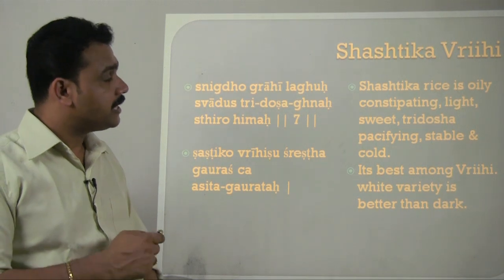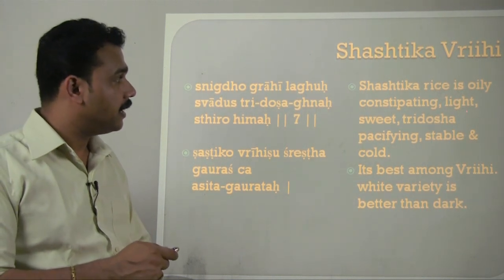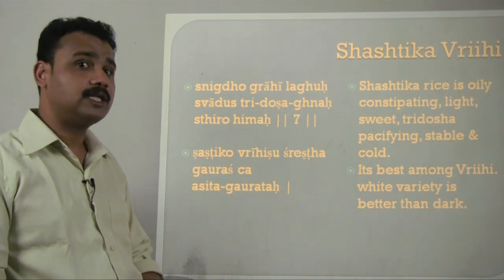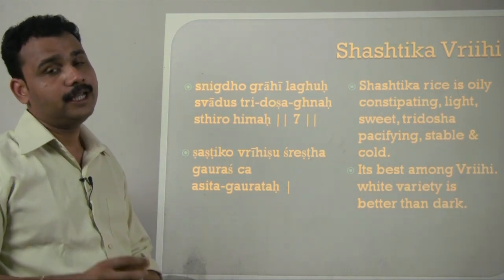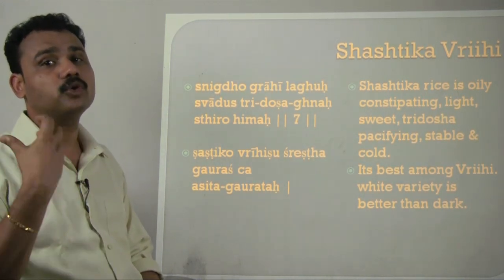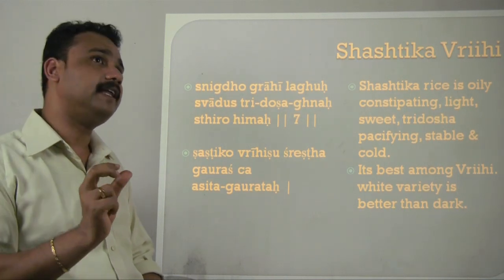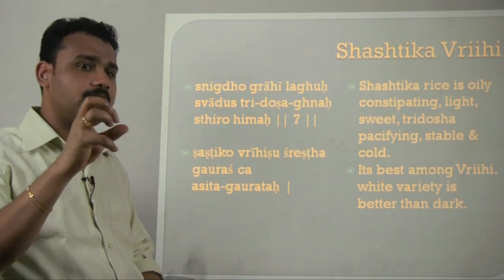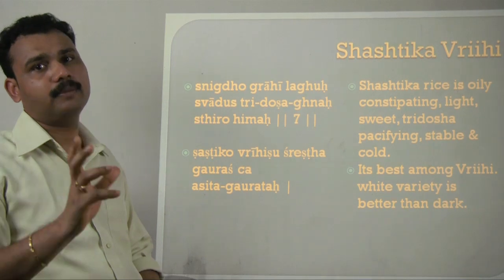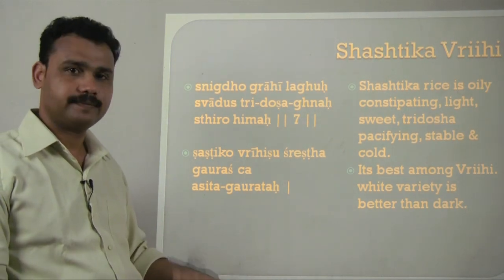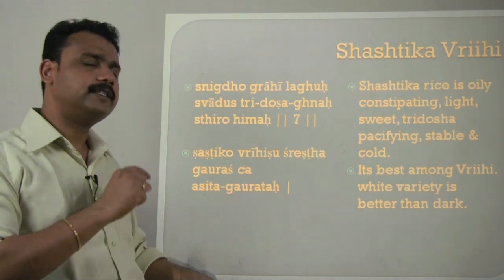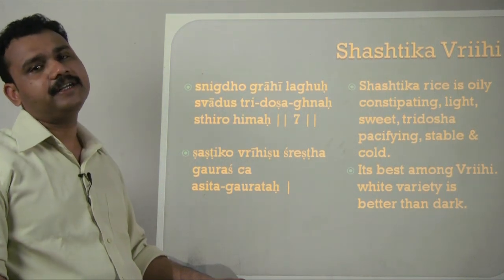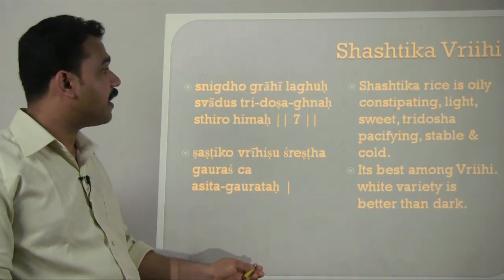So Shashtika rice is specifically light, and it also becomes grahi. The grahitva is also because of the short term. If it stays longer in water, it will not become so grahi. Grahi is specifically a pharmacological action where a substance absorbs and takes away the water content from the body. This is how it becomes constipating. As the time of contact between the crop and water is less, it has a comparatively water-absorbing tendency even after harvesting.